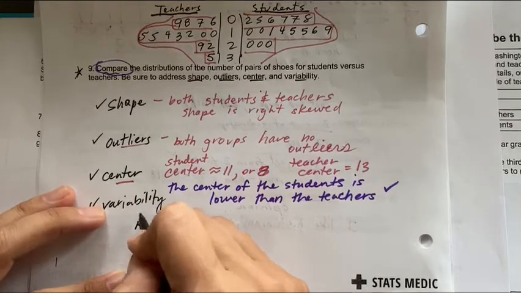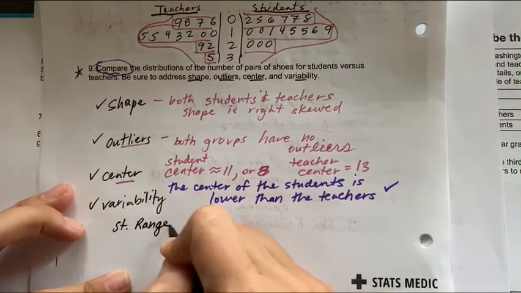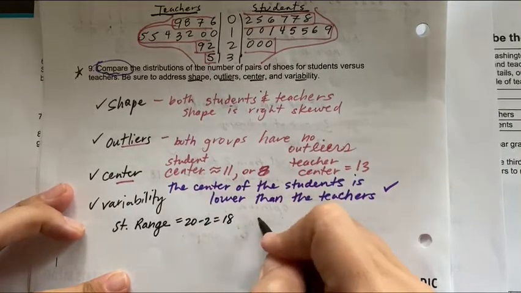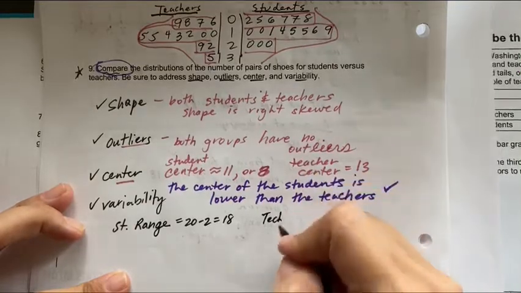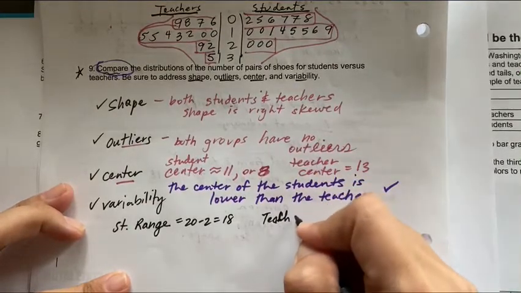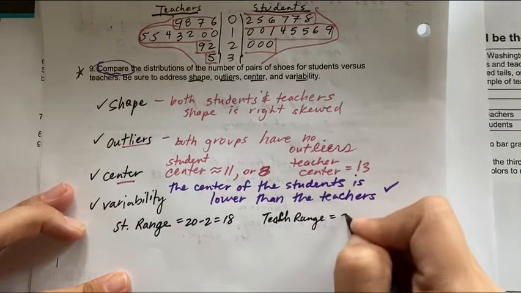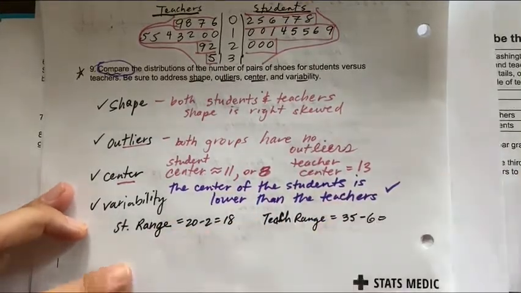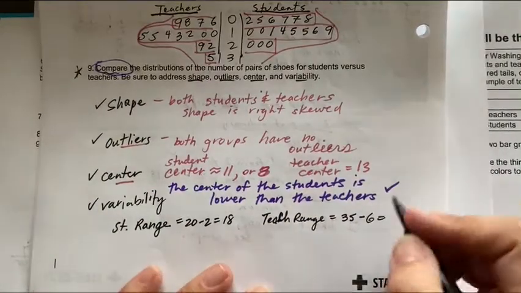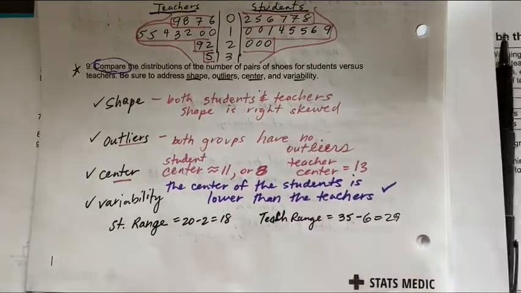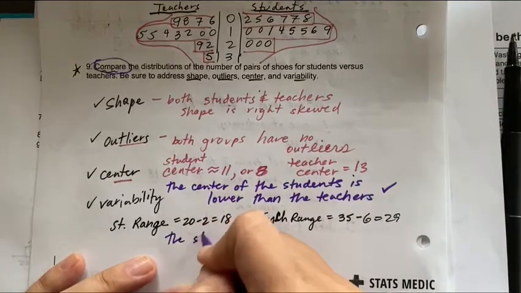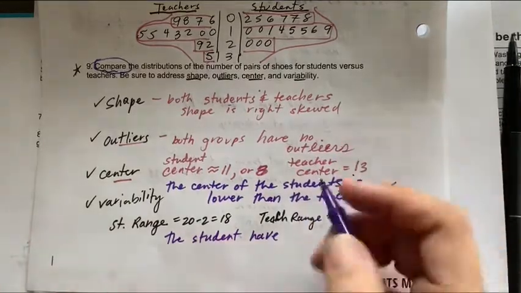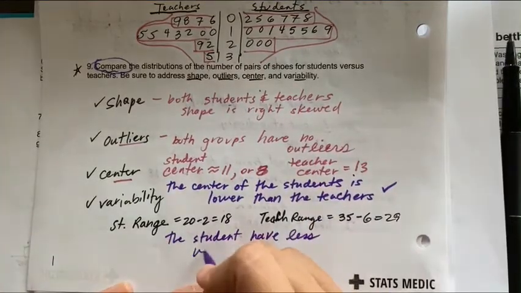If I compare the student range, the student's numbers range from 20 to 2, so that's 18, and the teachers range from 35 to 6. I'm hoping that you would write a sentence that said, the students have a smaller range or a narrower range, less variability.